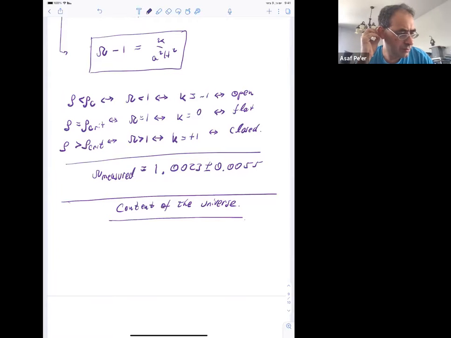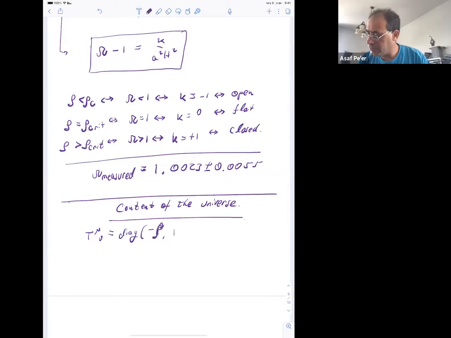Now, I can write down T mu nu. It's a diagonal matrix of minus rho, P, P, P. This is the diagonal part.